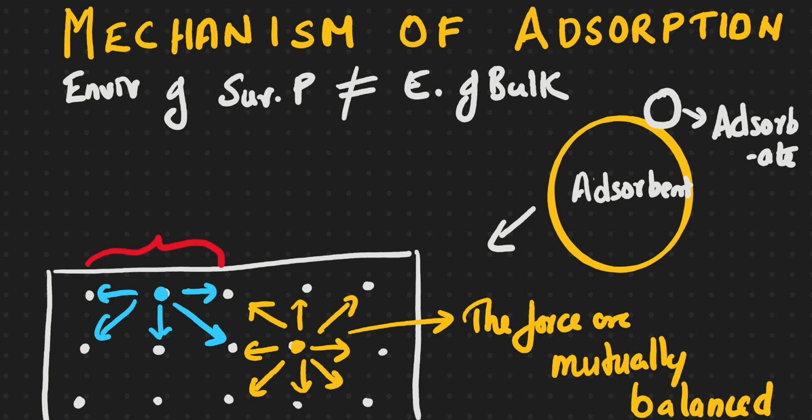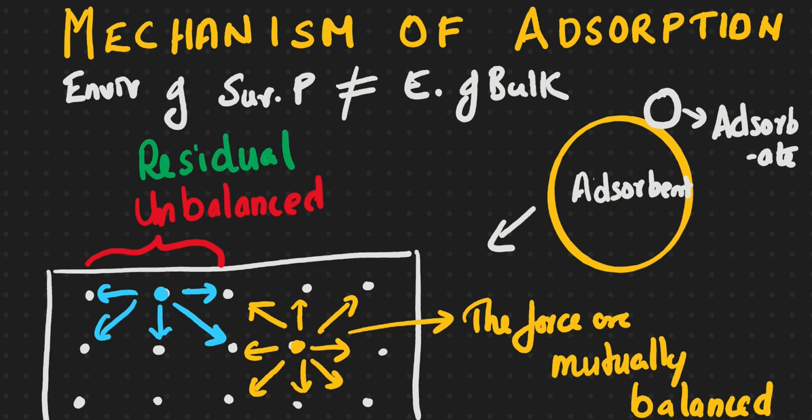So there creates an unbalanced force, also known as residual force. Due to this residual force, a surface energy is created and that attracts the adsorbate molecules. Okay, I hope you understood.